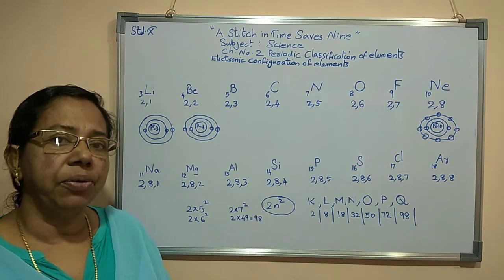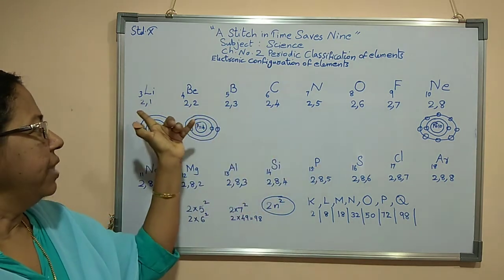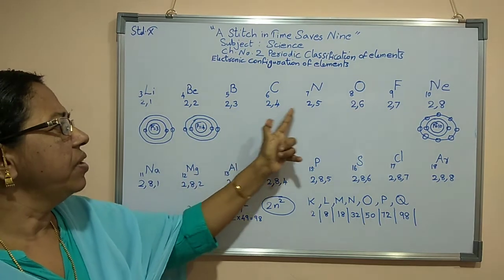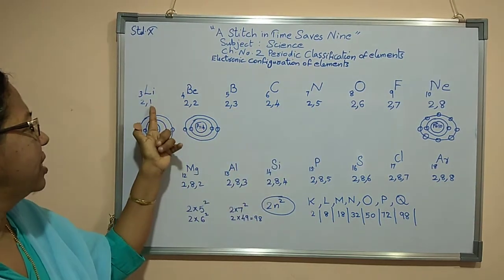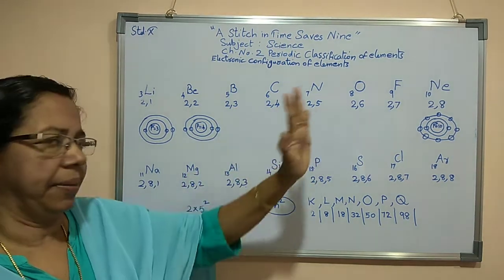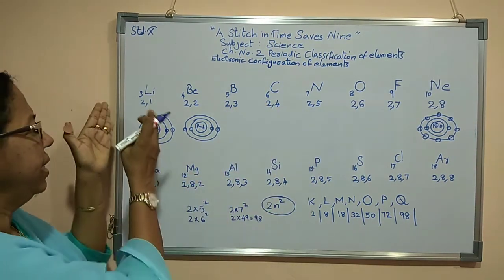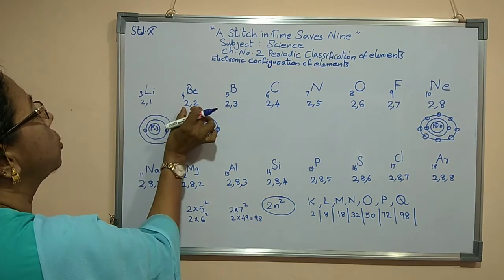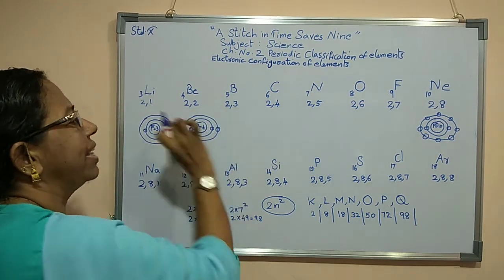When we study the period, their last orbit will have a different number of electrons. Here you see, the last orbit has 1, here 2, here 3, here 4, like that. At the same time, their orbit number will be the same. Here 2 orbits, 2 orbits, 2 orbits, 2 orbits, like that.